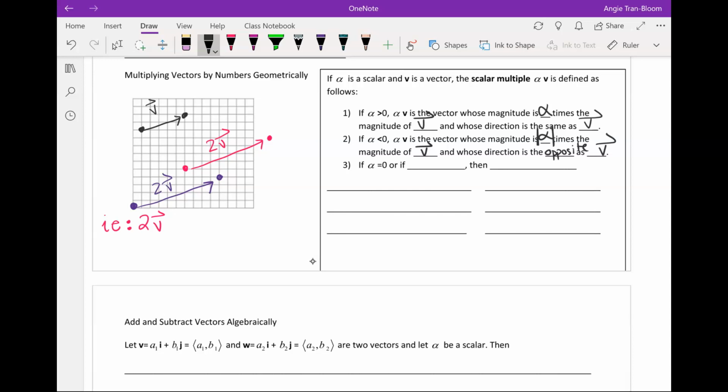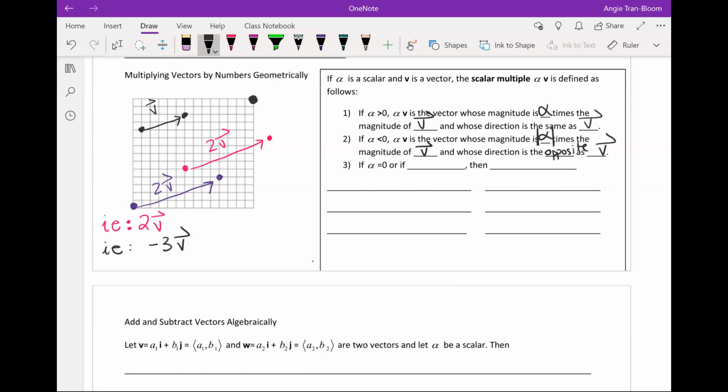So what does that mean? What if I give you another one? Instead of 2v, let's do negative 3v this time, and I'm going to ask you to graph that out. Where would you start? Anywhere. Negative 3 times v is going to be quite long, so can I start here at the top? What direction are we going? Down. Down how much? 6.